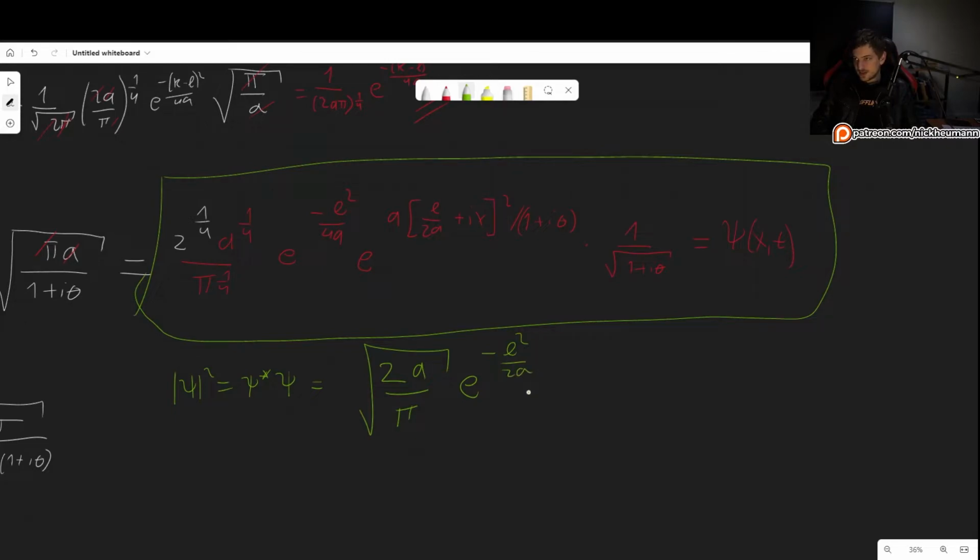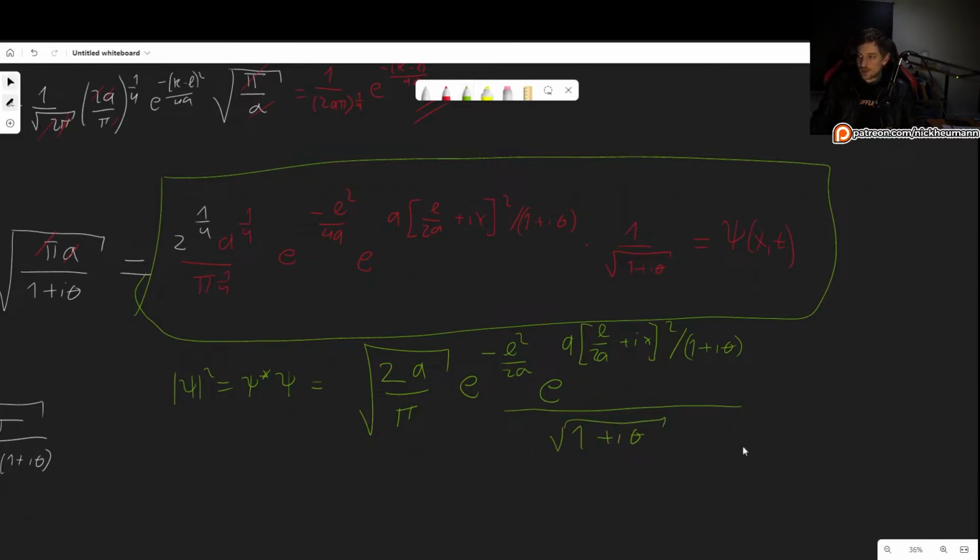And that's as far as we go in terms of just our constants. And then we have e to the a times L over 2a plus ix squared over 1 plus i theta, all of this divided by the square root of 1 plus i theta.